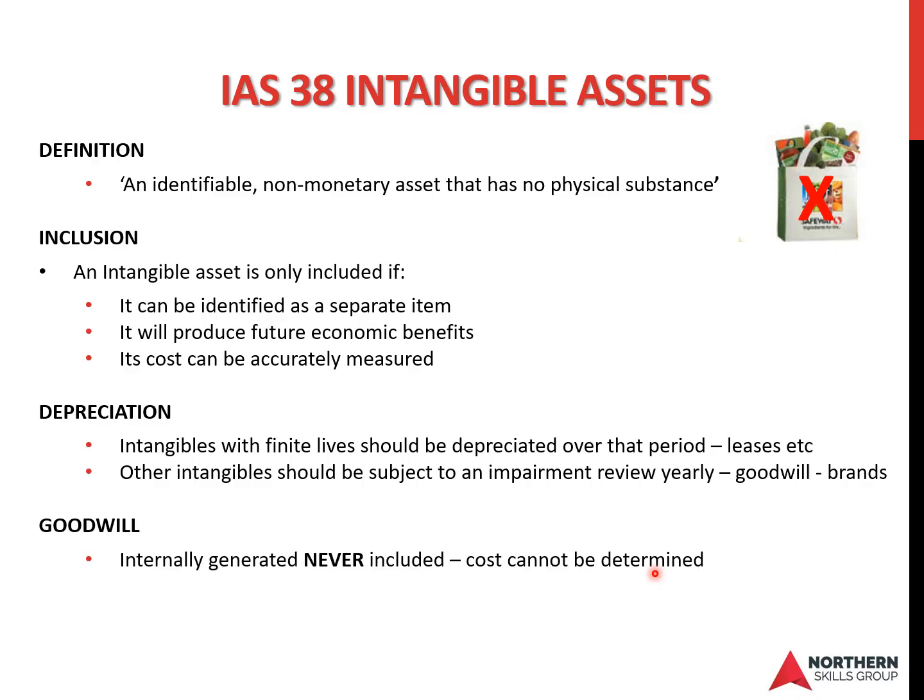And goodwill, remember, internally generated goodwill and other assets are never included in the statement of financial position because the cost cannot be accurately measured. That's one of the criteria for inclusion. We can't measure the actual cost of generating goodwill internally.